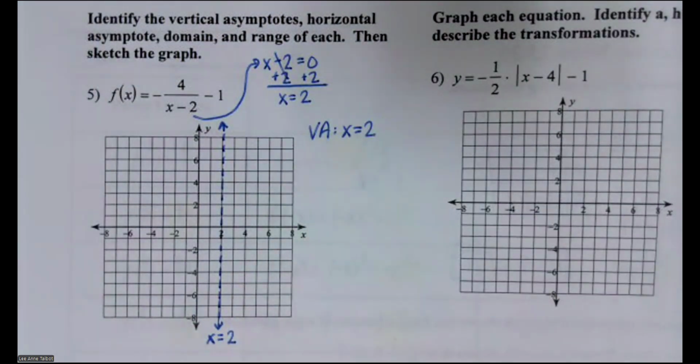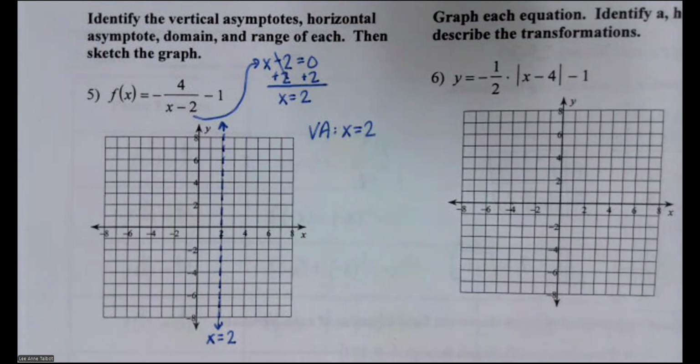Okay, and can somebody explain to the class intelligently why there is a vertical asymptote? What about mathematics makes it so that there is a vertical asymptote at 2? Yes. Beautiful. I could not have said it better myself.